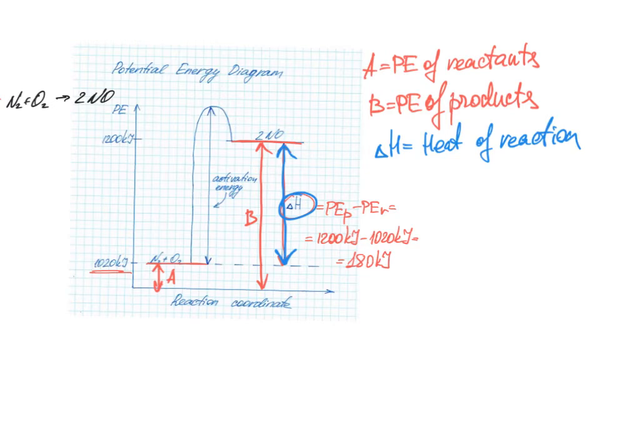And as before, my reactants first need to achieve some excited state, some higher energy state, to form the activated complex. So here is the place of the activated complex.